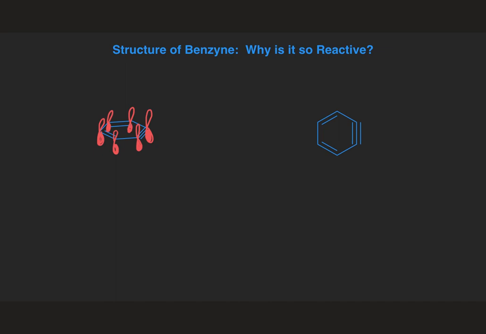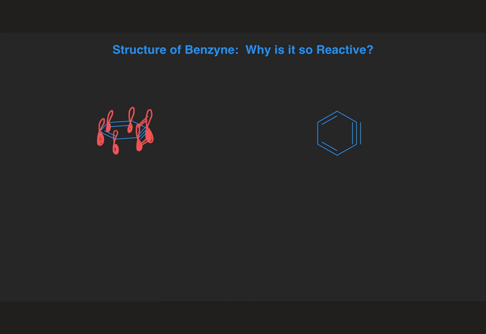So this is the orbitals, and these orbitals are overlapping to form a bond between the two carbons. But remember that two p orbitals on the same carbon must be orthogonal to one another.